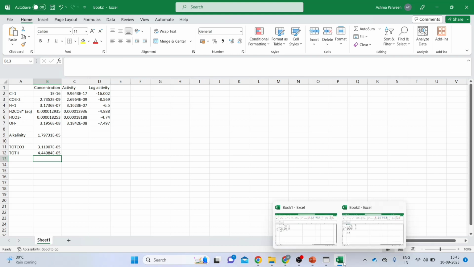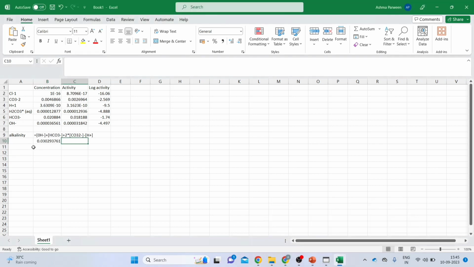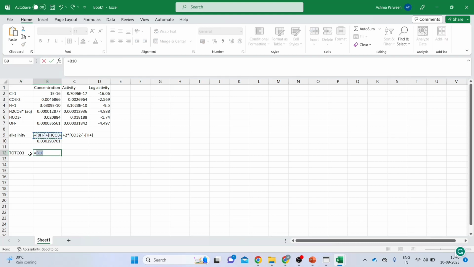Let's also find out the total carbonate and total H concentration for the first water system. So total CO3 is equal to H2CO3 aqueous plus HCO3 minus plus CO3 2 minus. So this is the total concentration in M. Next, total H concentration is equal to [H+] plus 2 times H2CO3 aqueous plus HCO3 minus, minus the concentration of OH minus.